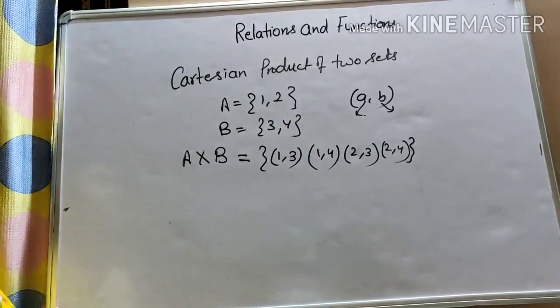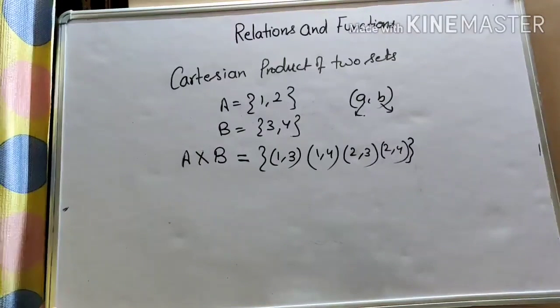So this is the Cartesian product of A and B.